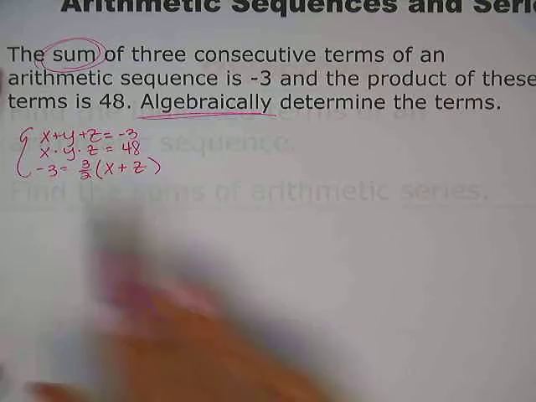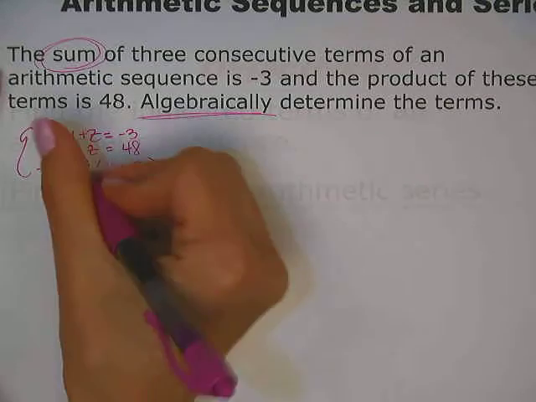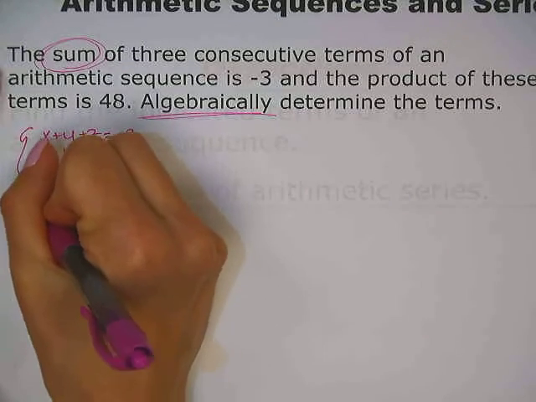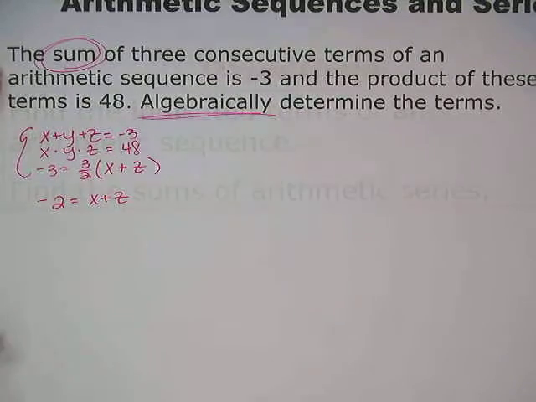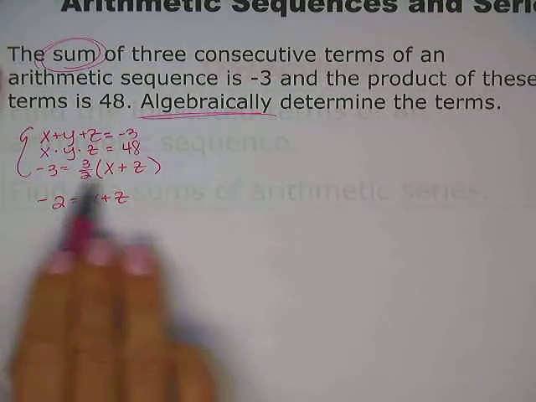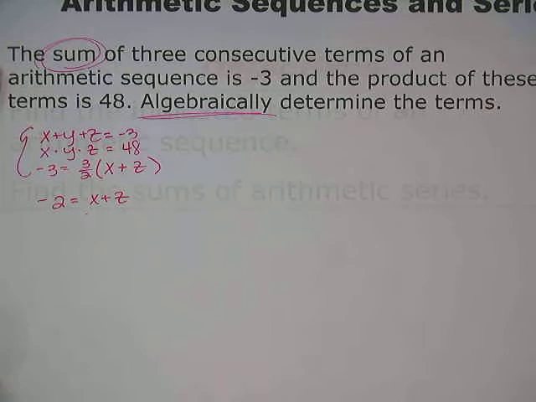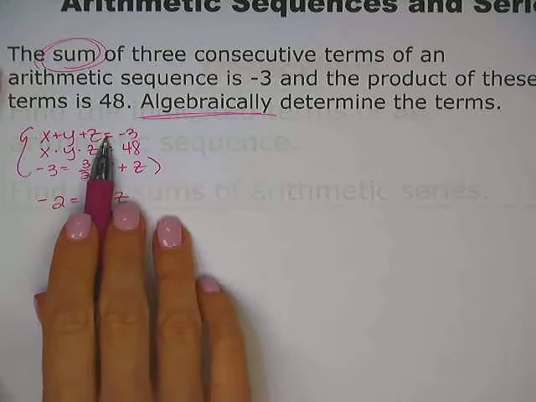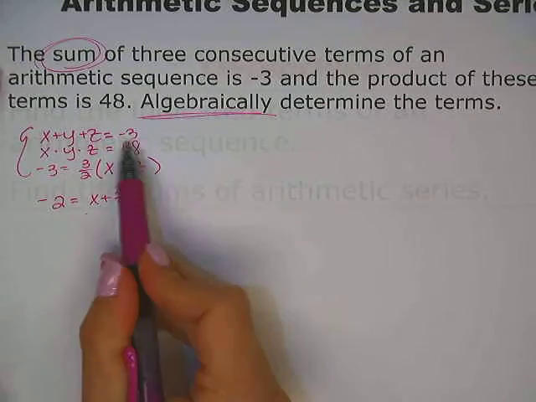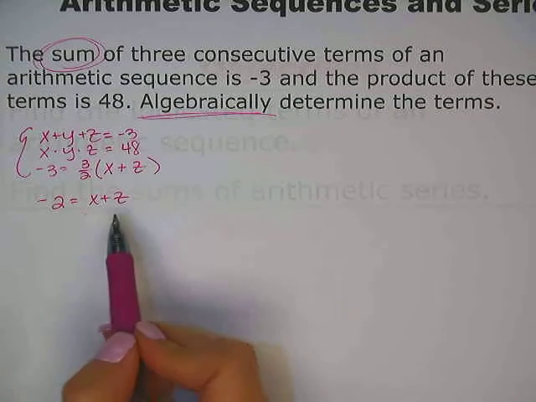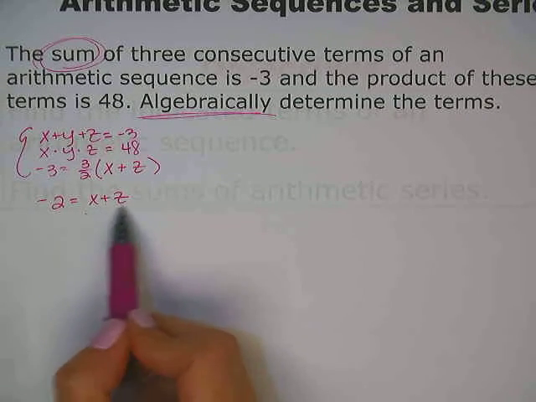Let's multiply both sides by 2/3, and I get negative 2 equals x plus z. So what I did is I just simplified this and I got this. From here, I'm going to go back up to equation number 1 and plug in x plus z.